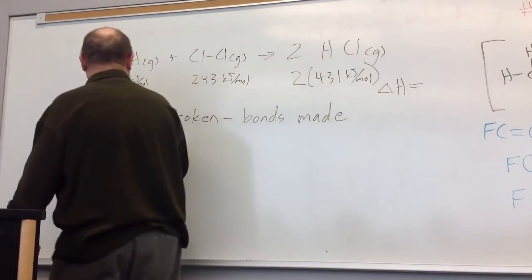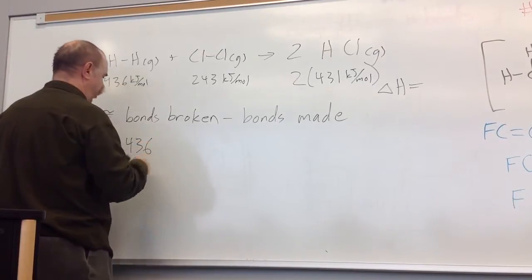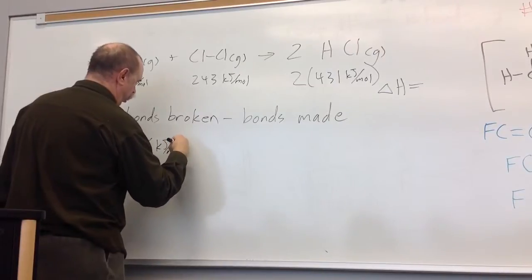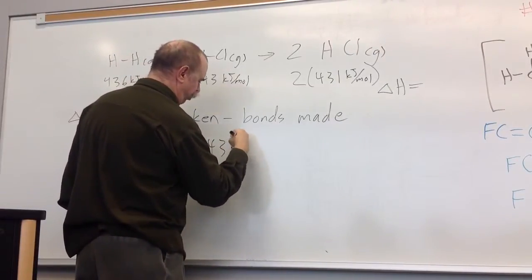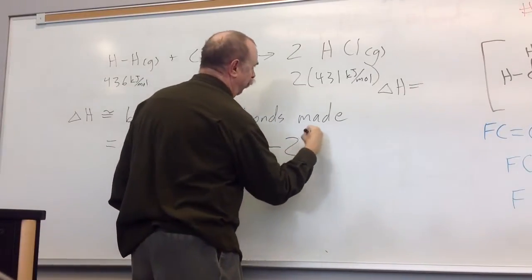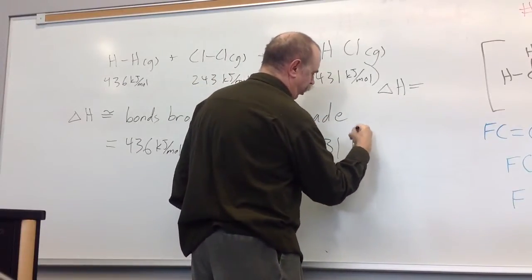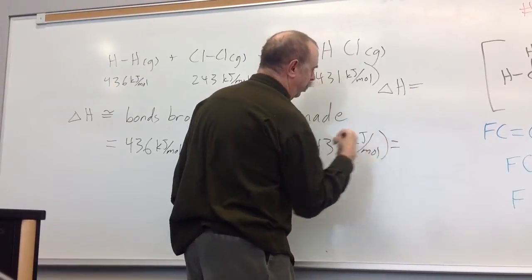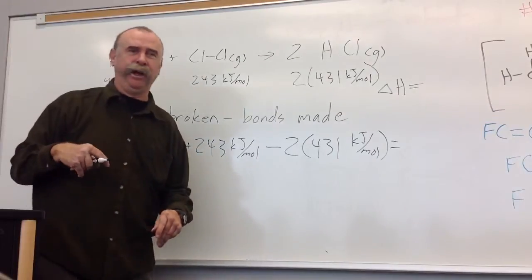So 436 kilojoules per mole plus 243 kilojoules per mole minus 2 times 431 kilojoules per mole. Negative 183.